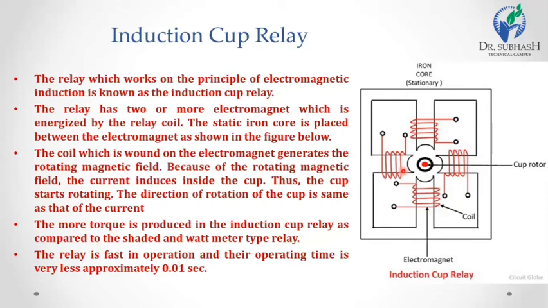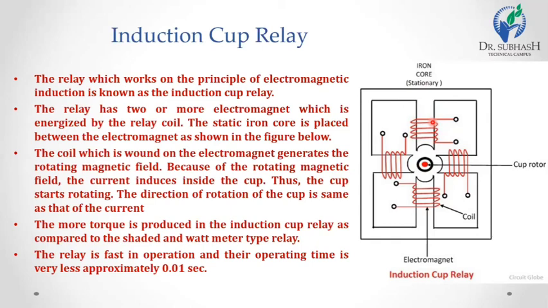More torque is produced in the induction cup relay as compared to the shaded pole and watt-hour type relays. So this type of relay is used for more current. The relay is fast in operation and its operating time is very short, approximately 0.01 second.